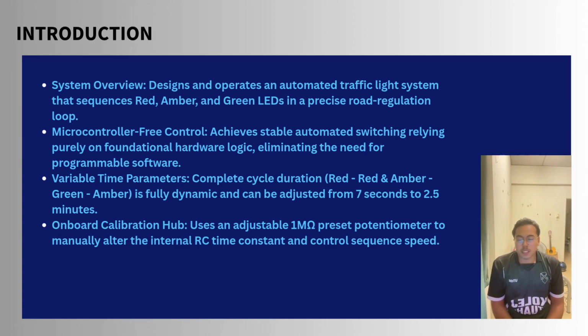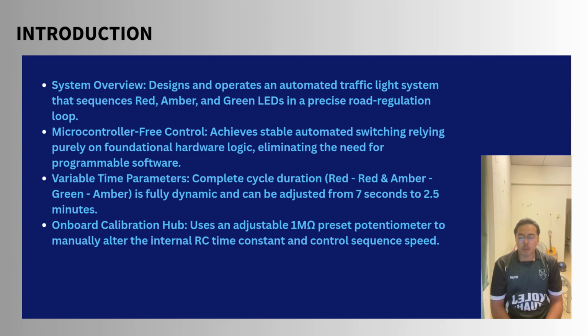First thing first is the system overview. Design and operate an automated traffic light system that sequences red, amber and green LEDs in a precise road regulation loop. Second, microcontroller-free control achieves stable automated switching relying purely on foundational hardware logic, eliminating the need for programmable software.